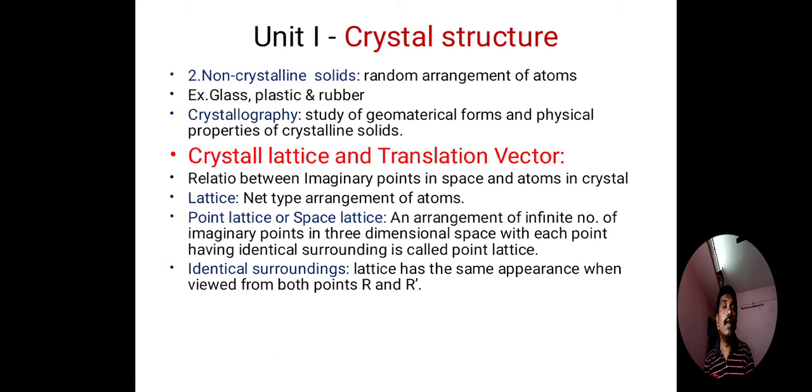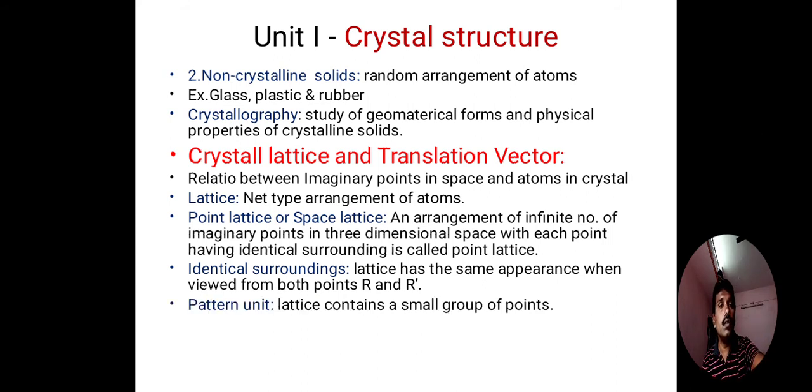Such a lattice is your point lattice or space lattice. As for the dimensions, the additional r and r dash vectors we will see in detail in my next slide.